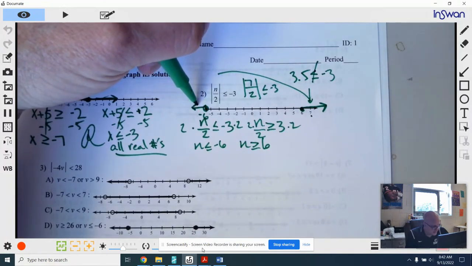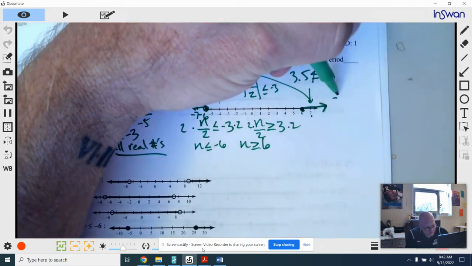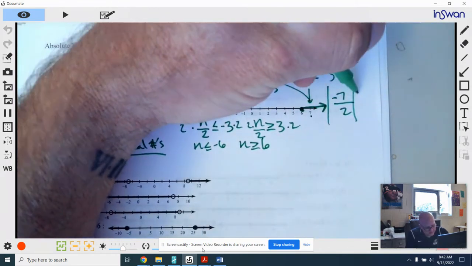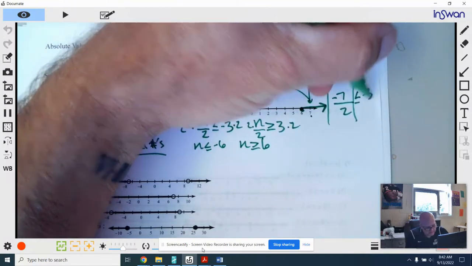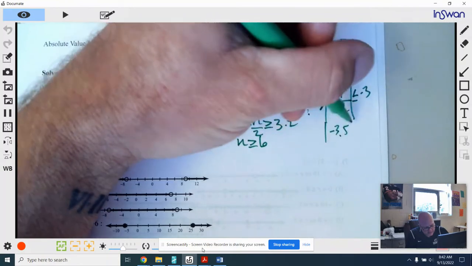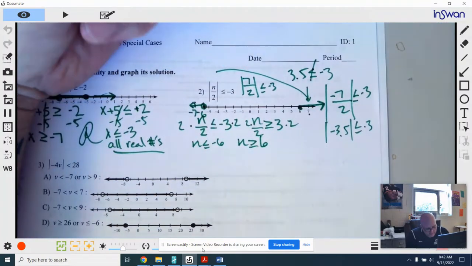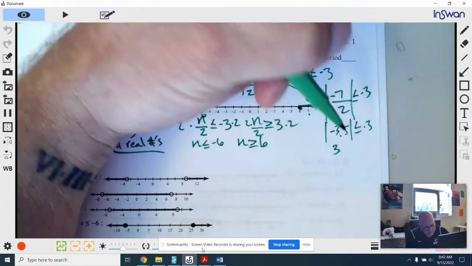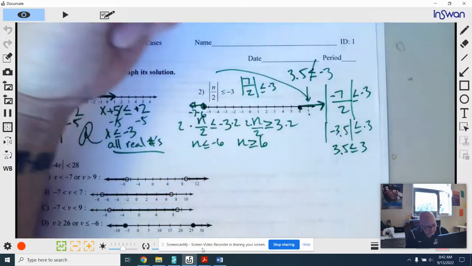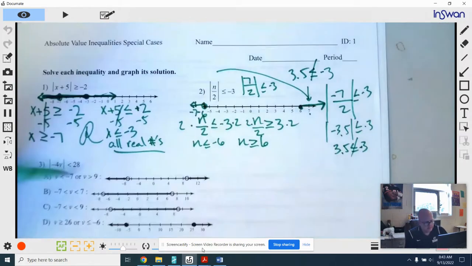Let's say I go negative 7. So I'm going to come over here, show my work. So I do negative 7 in here over 2 is less than or equal to negative 3. Well, that's going to give you negative 3.5 in the absolute value. But if I take the absolute value of that, then you get 3.5, and that is not less than or equal to negative 3. So that's not true.